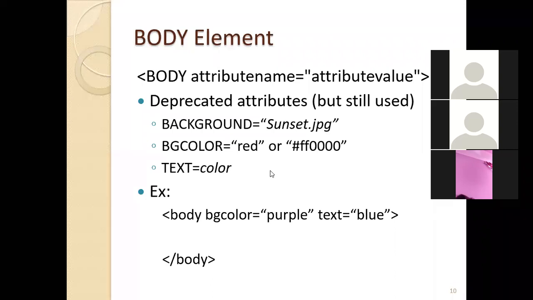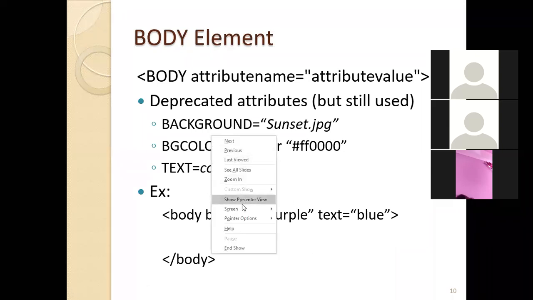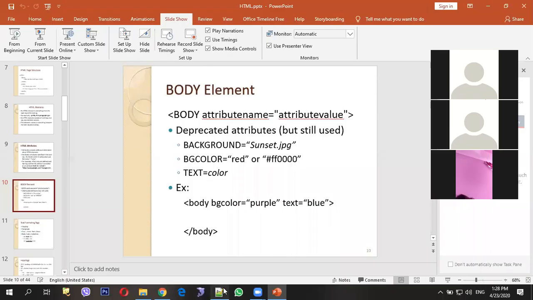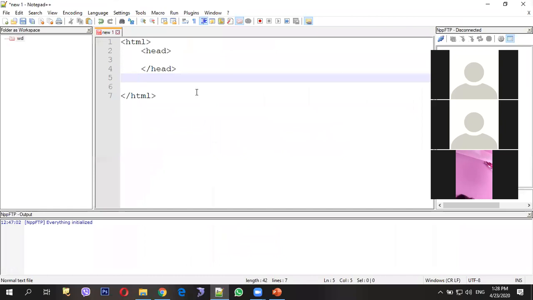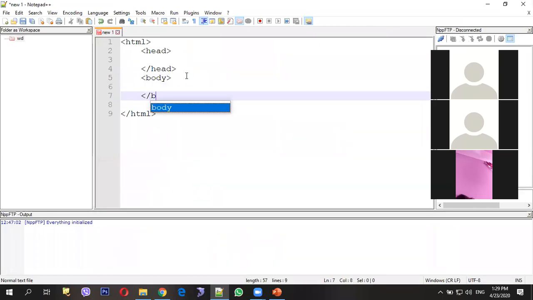So I think we should also go with some practice. My screen is visible, I guess. So this is the padding for your coding. I just type body, and after this I close my body tag.